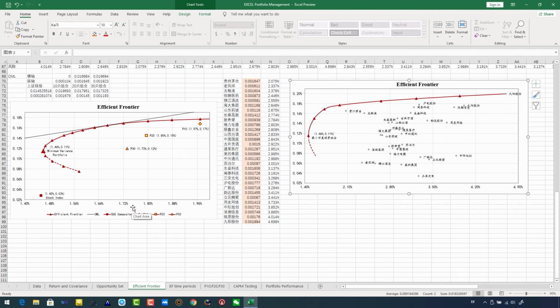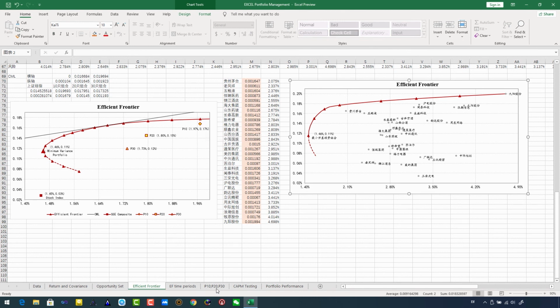And this is the idea: if you include more stocks in your portfolio, definitely you will get some diversification, and the unsystematic risk will be diversified. So this point is much lower than the 10 stock portfolio, which makes sense.